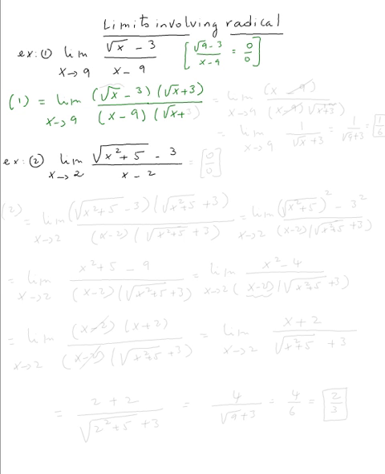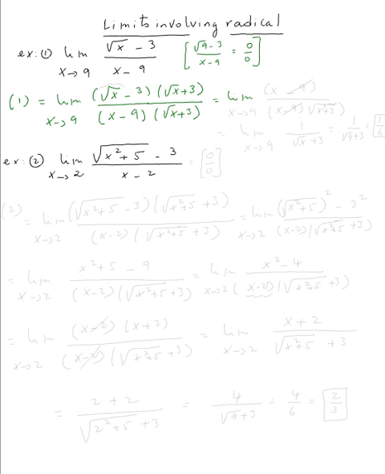Now, why do we do that? The reason is that it's kind of like we rationalize the numerator. When we rationalize it, we will get something like x minus 9, and we don't get a 0 over 0 anymore.